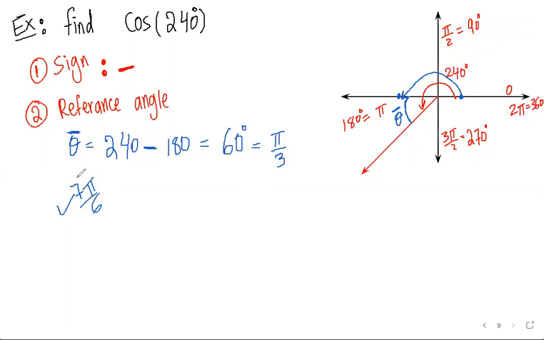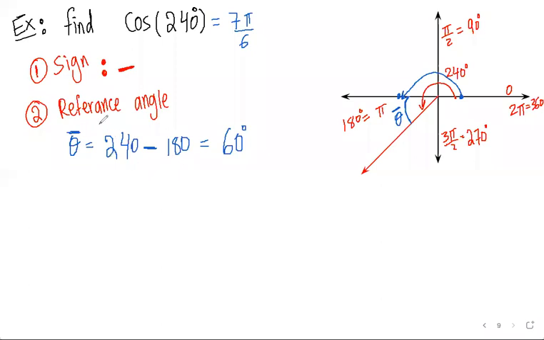This is the degree, this is the angle. This is equal to 7 pi over 6, then you solve it by the radian, but I'm doing it by degree. So it's equal to 60, and 60 is pi over 3.